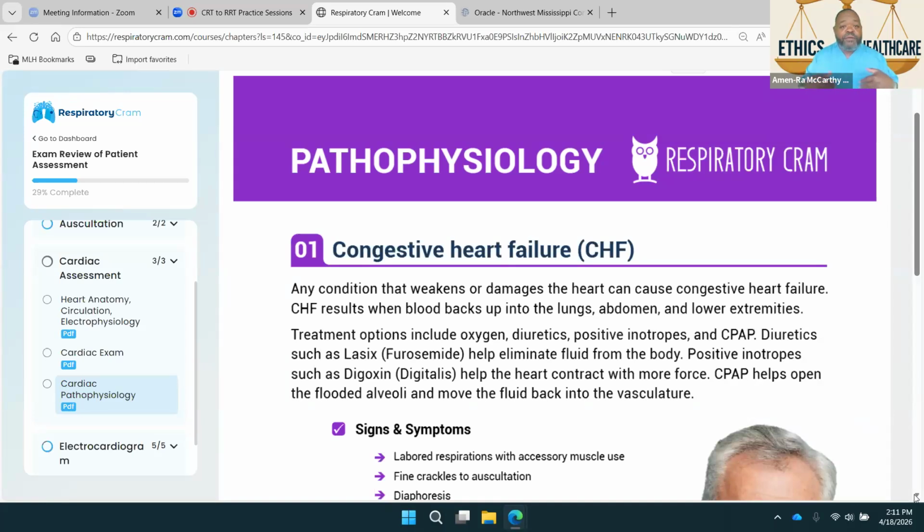The only thing that can get into the alveoli is gases. So we have to figure out a way to get the fluid out of the alveoli so that it can be picked up in the vasculature, which is the interstitial space. That's where the medicine can work, but until then, it's not going to work. So that's why you use CPAP.